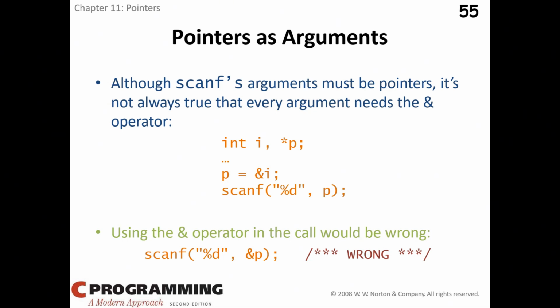In this scenario, when we want to read an integer value into i using scanf, we simply pass the pointer variable p itself as an argument, without the ampersand operator. If we try to use the ampersand operator in this context, it will be incorrect, as it would result in passing the address of the pointer variable p rather than the address of the variable i.